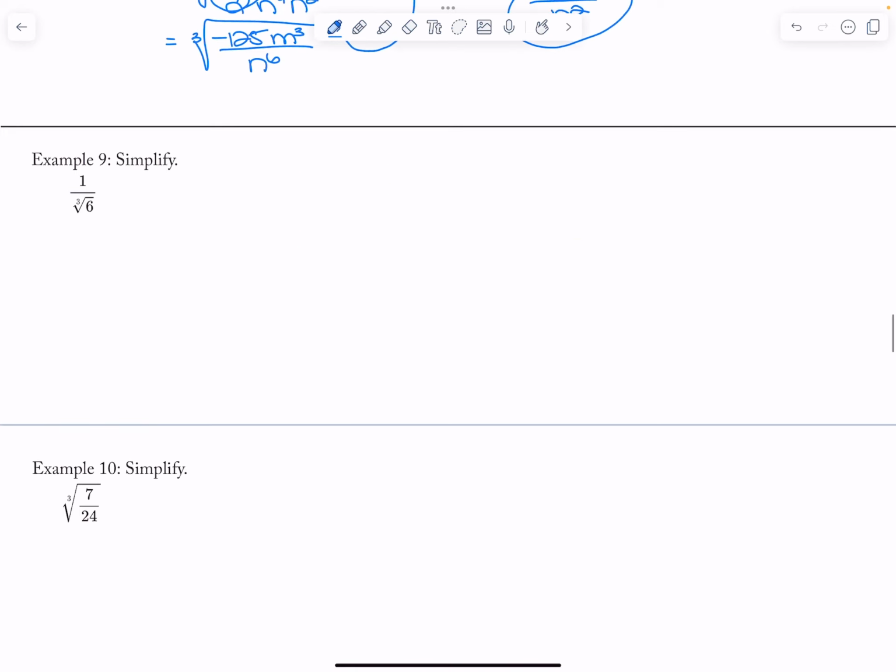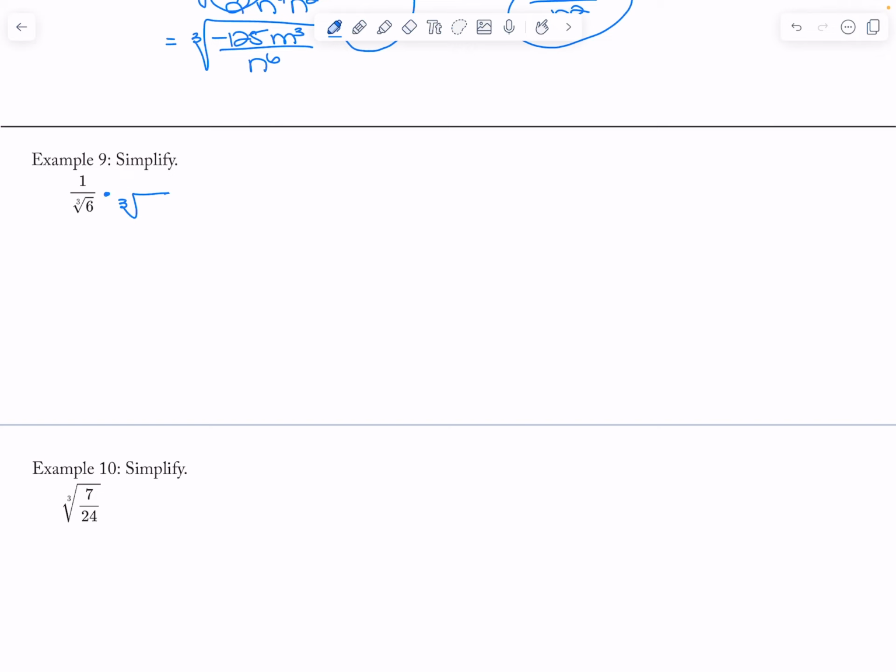Okay, now when I want to get rid of the root in the denominator, what I was doing before with square roots is that by multiplying the top and bottom by, like, the square root of 6, for example, if this was a square root, I was creating a perfect square in the bottom. Now, if it's a cube root, I have to create a perfect cube in the bottom.